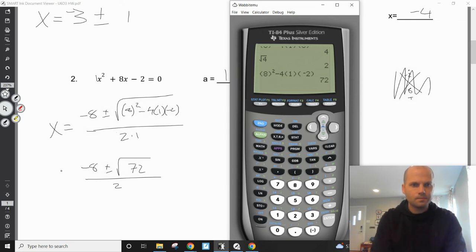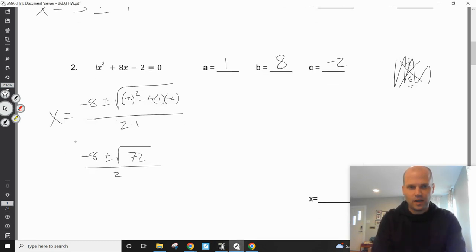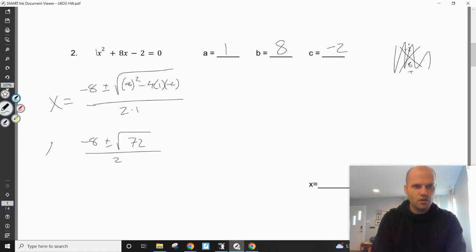Okay, now try to take the square root of 72. Hopefully that works. It does not. Now this is the time where we have to simplify. Simplifying is when we take big perfect squares and rewrite our square root as a simplified root times another root.